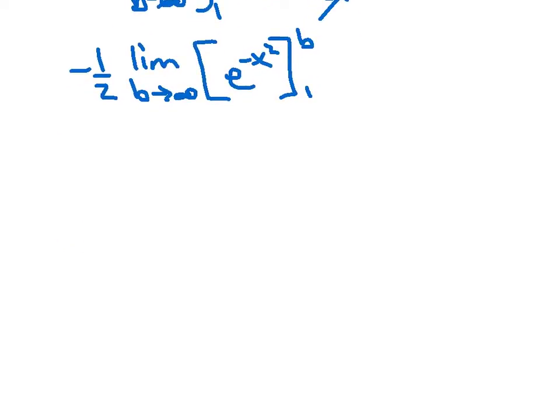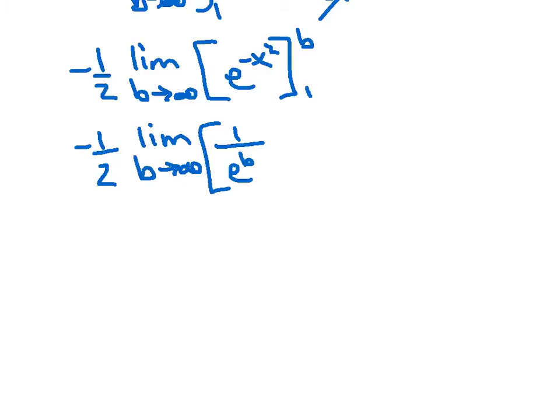Now, remember, the only thing we're really worried about here is, let me make this point, we may not have to clean this up as much as you think. We just want to get to a point where we're convinced that this is either divergent or convergent. And because e was being raised to the negative b squared power, I'm going to put it on the bottom.